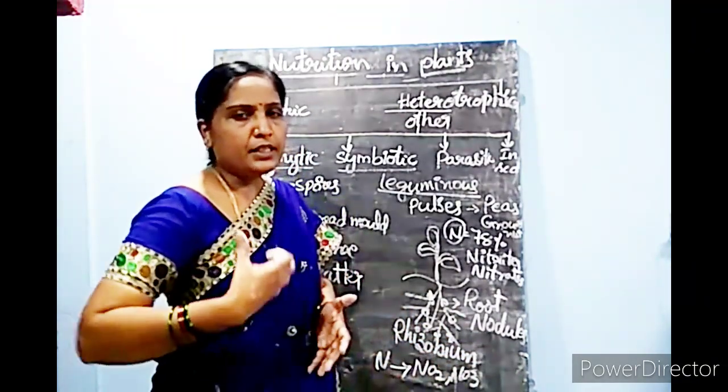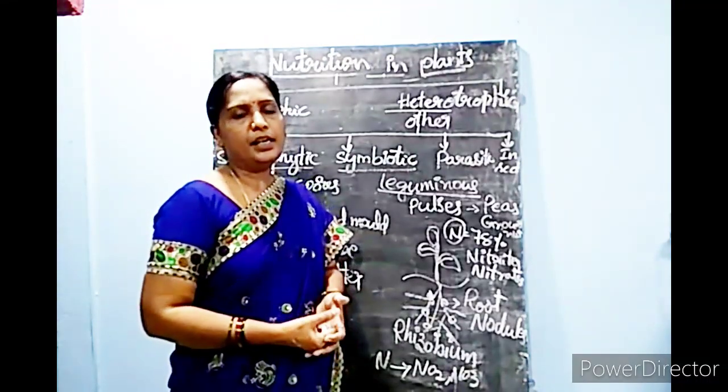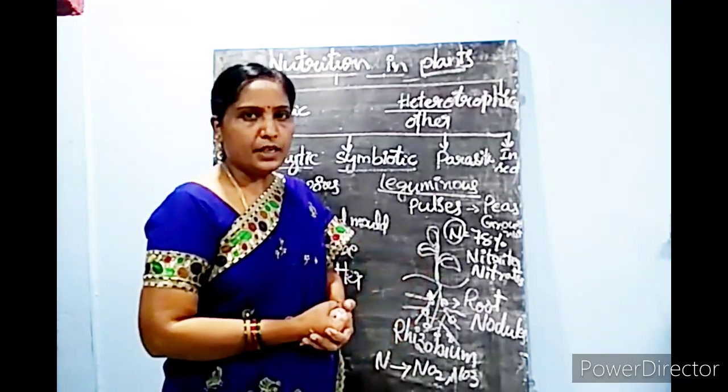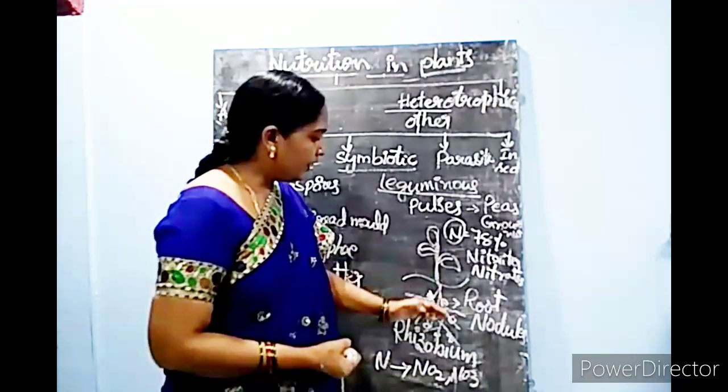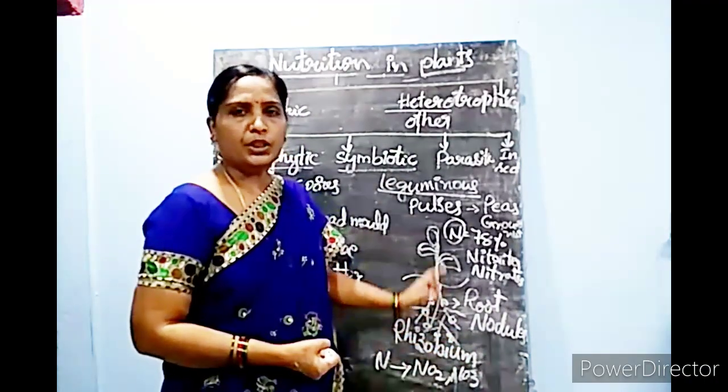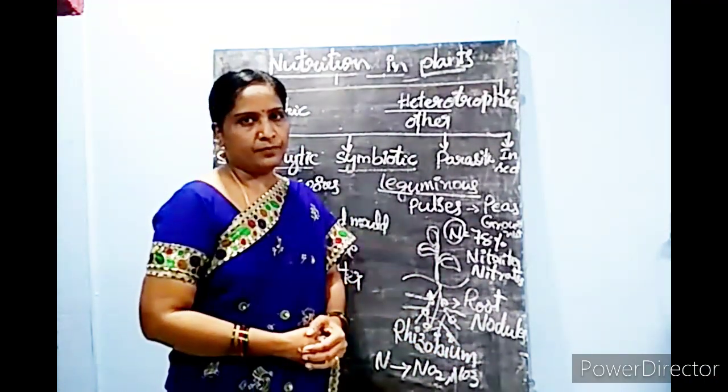So when it is converted into nitrite and nitrate, the plants are able to utilize the nitrogen. That work the Rhizobium bacteria is carrying out in legume plants.